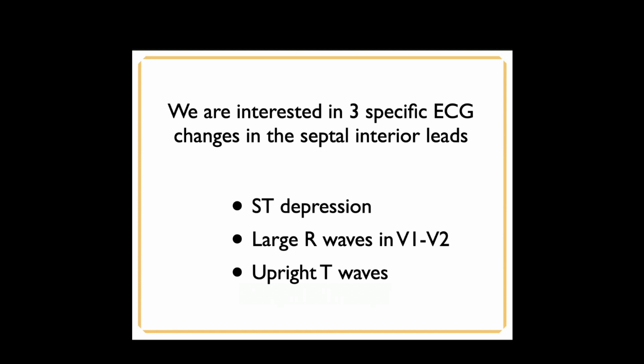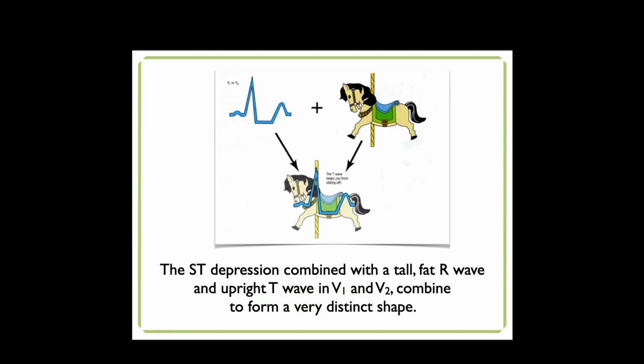Now this slide is where you get to think, that's the most ridiculous thing I've ever heard. But I'm going to put it out here because every once in a while it's useful to somebody. I got it from a reference that thought it was helpful for people learning about posterior STEMIs, that this looks like this, which they called a circus pony. I call it a carousel pony.